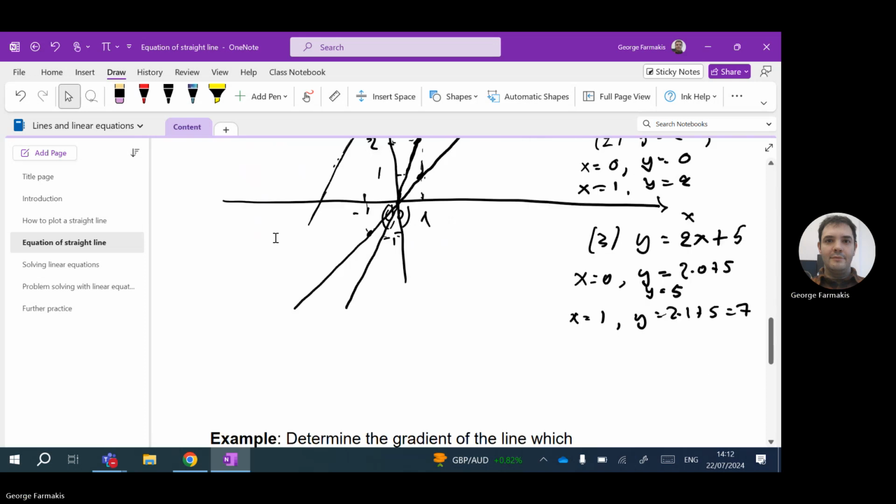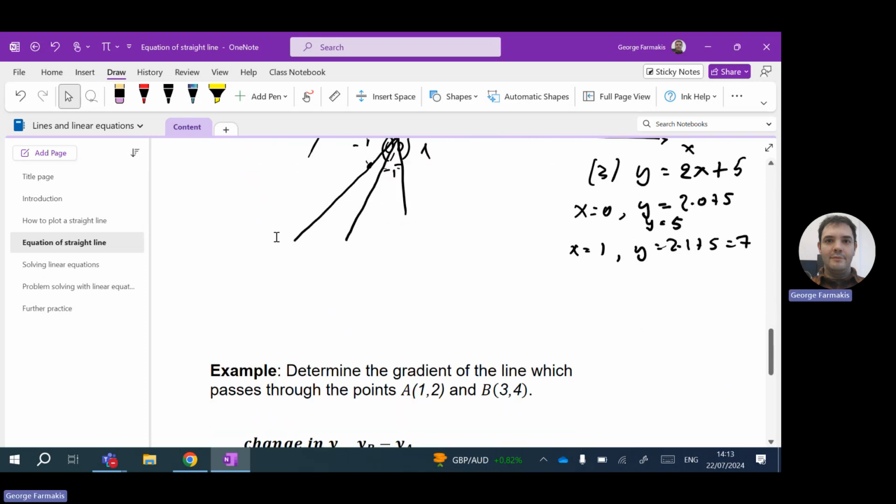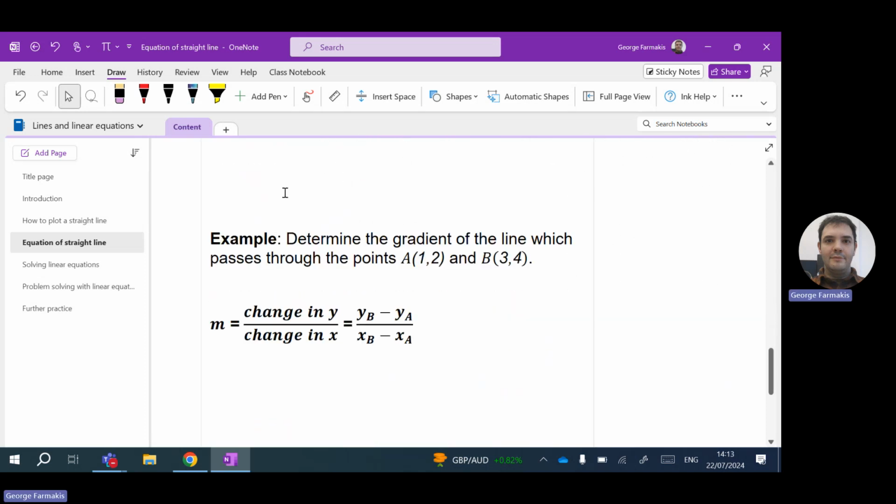Okay? So now let's see how we can use the formula for the slope to find the slope of a line that we know passes through 2 points. So in this example, we want to determine the gradient of the line which passes through the points A(1, 2) and B(3, 4). Remember, the formula for this case is change in y over change in x.